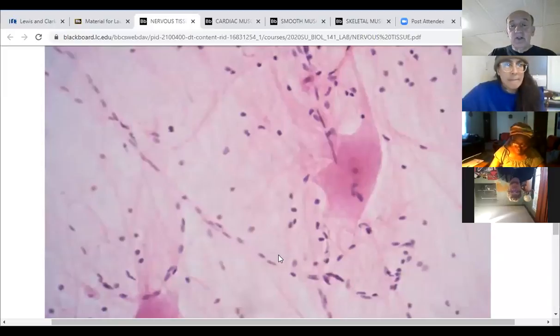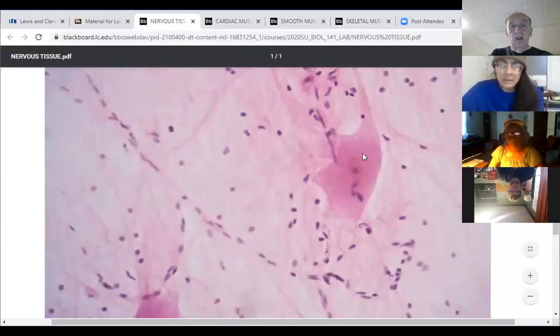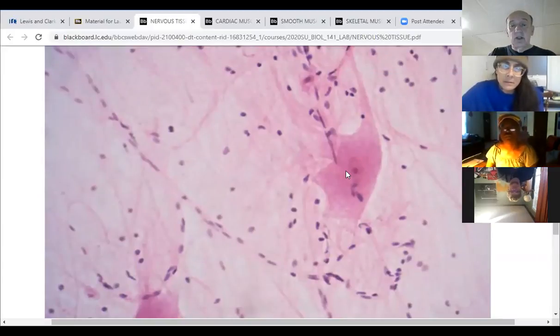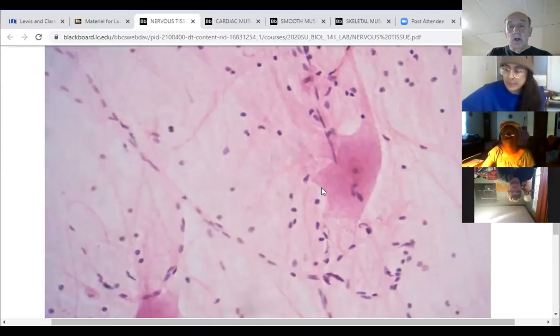When you look in nervous tissue, one type of cell that grabs one's attention is large and dark purple, or you might say dark pink. Here's the outline of the cell. So this large cell is one of the neurons.